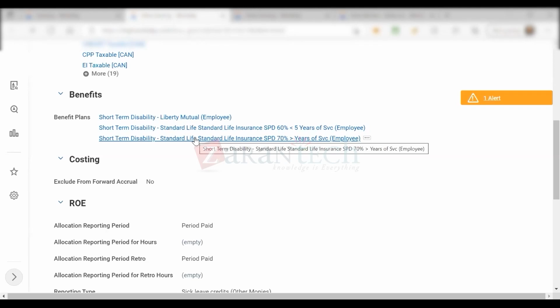We need to know that if I'm paying short-term disability, how my math will work, how I calculate what I need to pay. Does my math say pay 70% of base salary, or does my math say pay 70% of annual coverage amount in that benefit plan? So we need to know that, and that is what we are worried about as a payroll consultant.